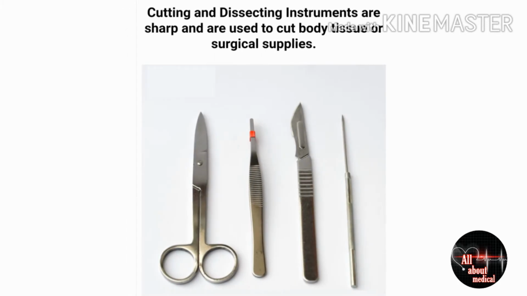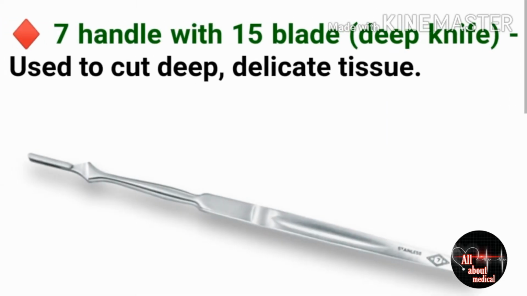So here is our first image in the category of cutting and dissecting instruments. Cutting and dissecting instruments are sharps and are used to cut body tissues or surgical supplies. So this is our second instrument, named 7 handle with 15 blade, a deep knife.